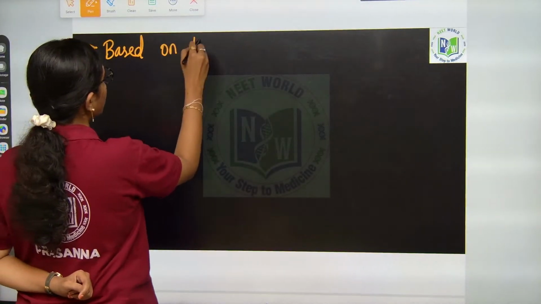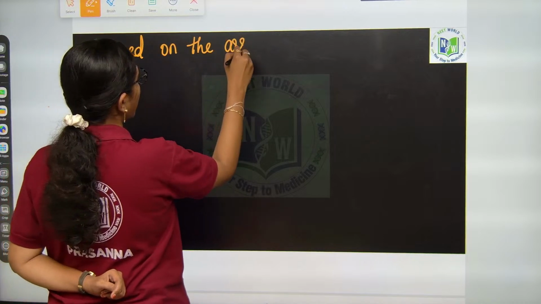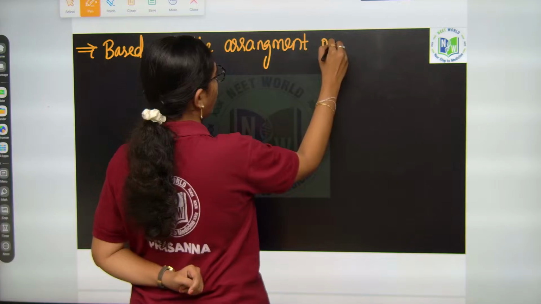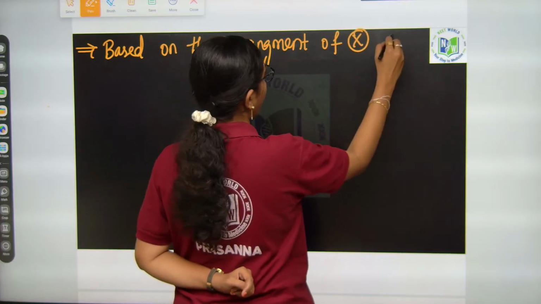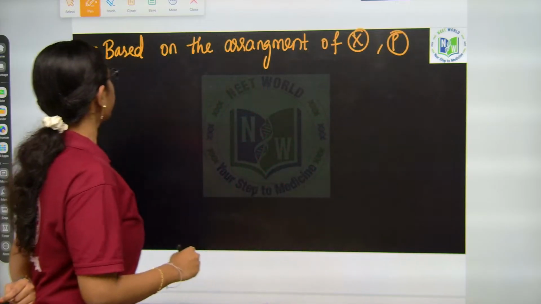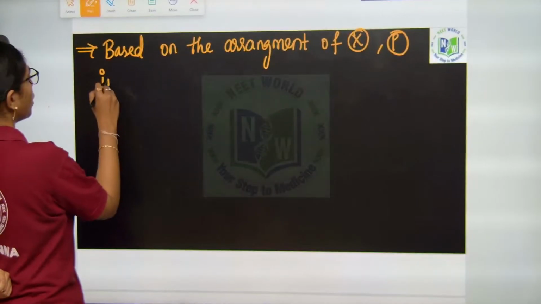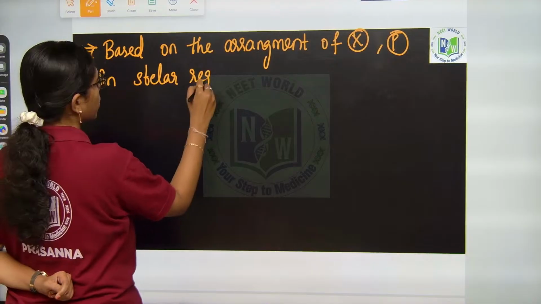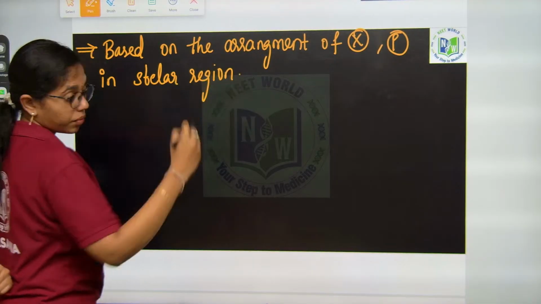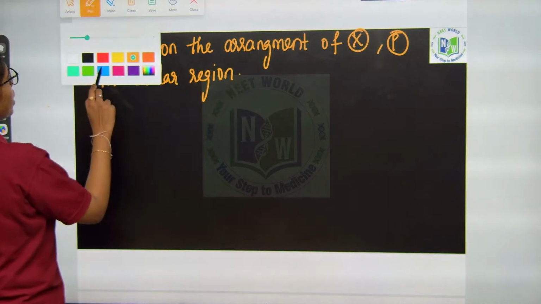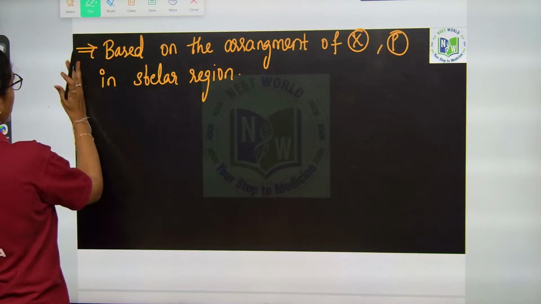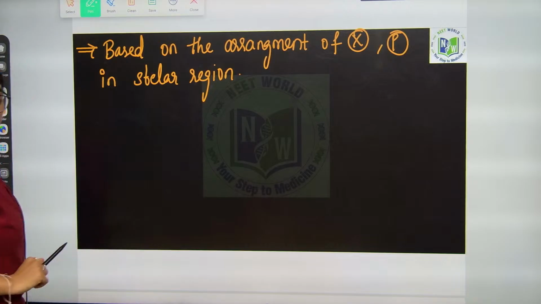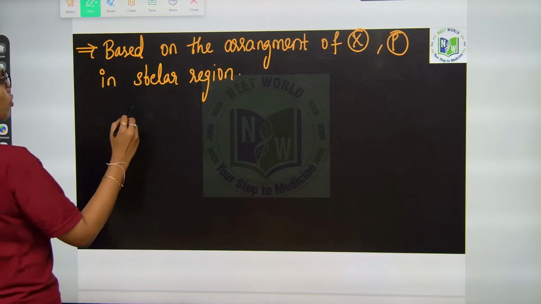Based on the arrangement of xylem and phloem in stellar region. So here, first is what? Xylem and phloem. In root we will observe now.